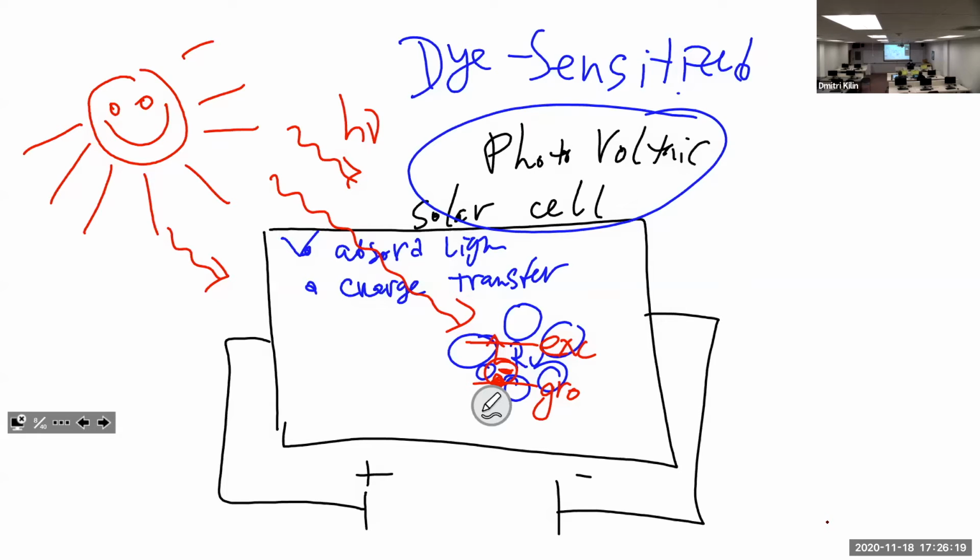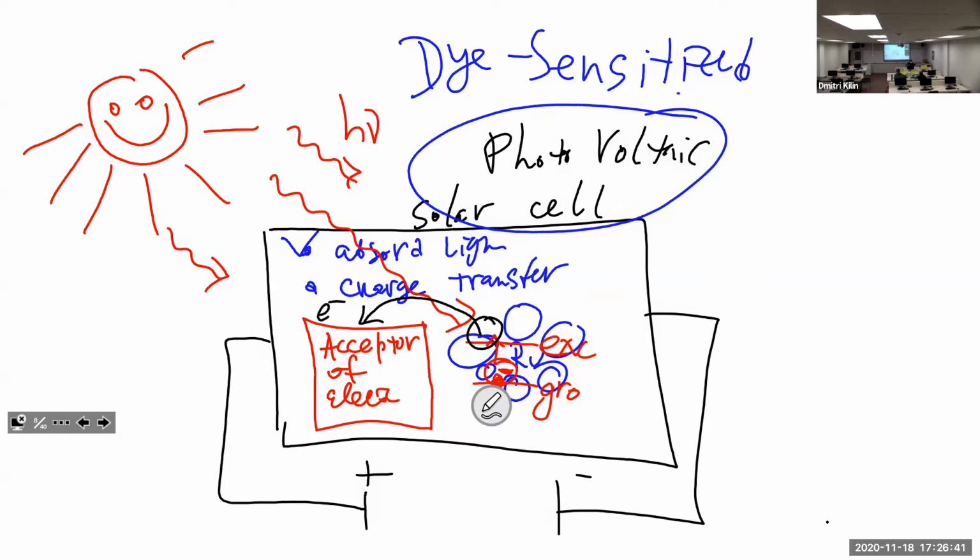And then this material has an interface, an acceptor of electrons. So this electron that is being excited experiences a transfer from the dye to the electron acceptor.